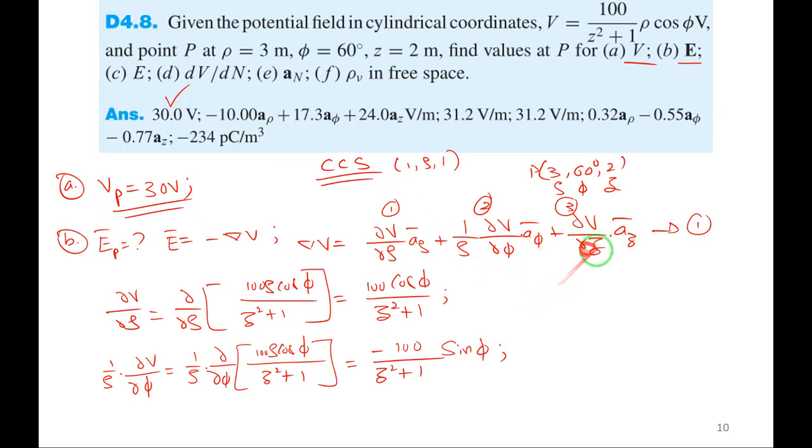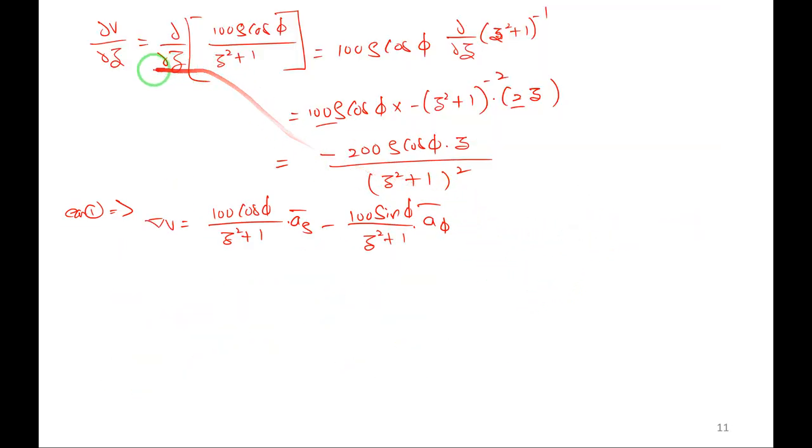Then the third term, dou V by dou z into az, is minus 200 rho z cos phi divided by z square plus 1 whole square into az.